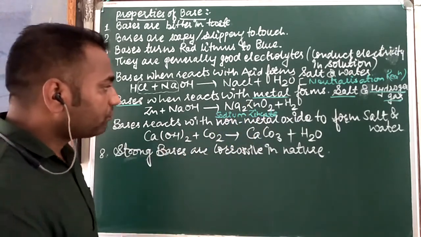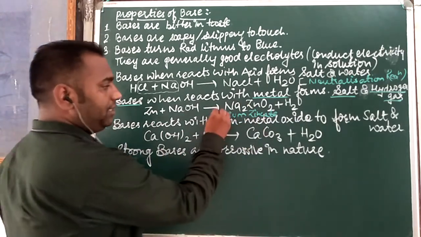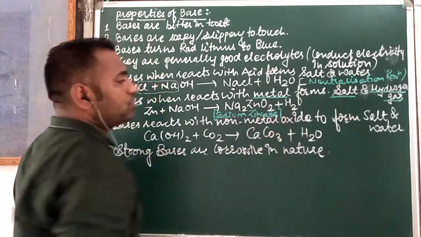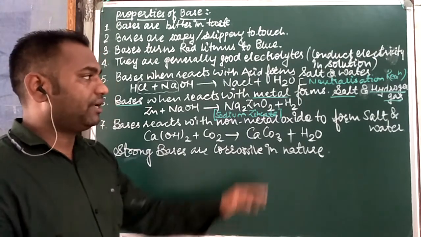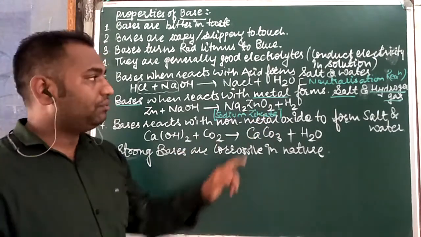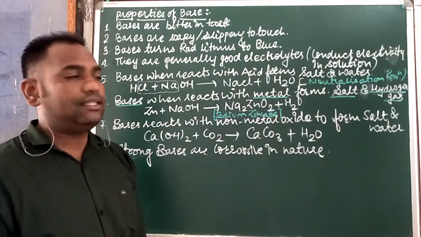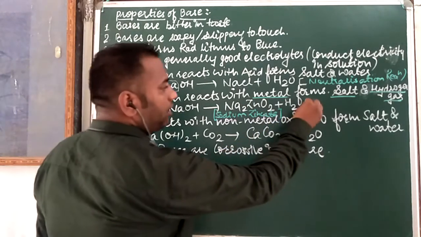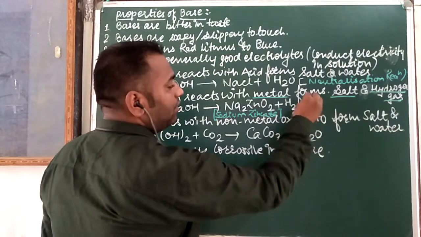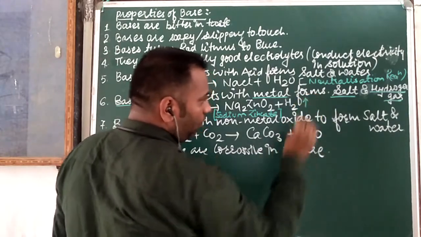Here we are studying sodium zincate, Na2ZnO2, which is also a type of salt, and this is the hydrogen gas liberation. Generally, when any gas is liberated, we mark an arrow upward.